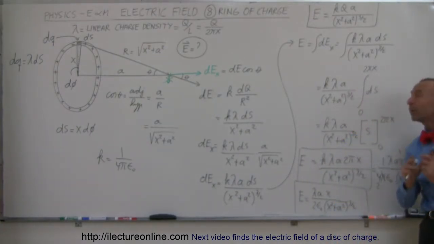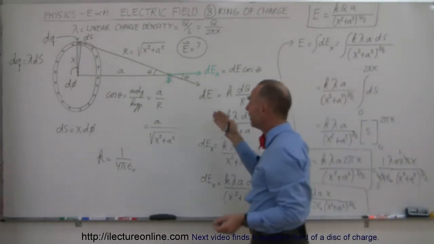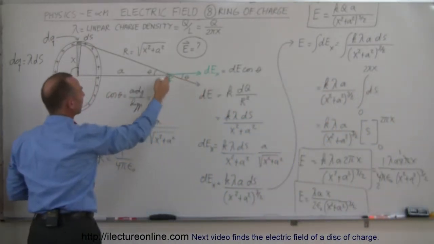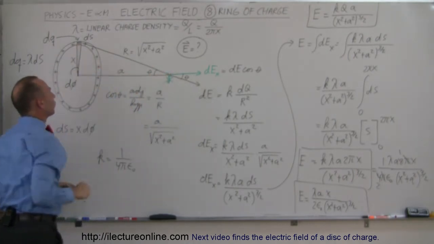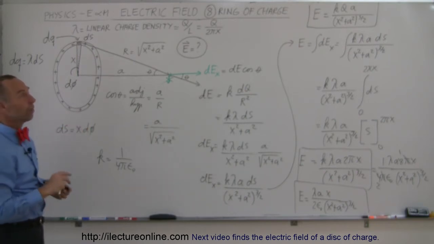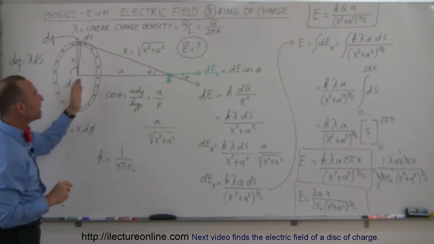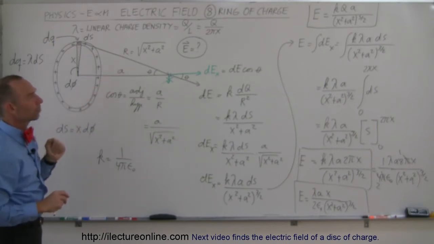Now, one more thing we'd like to consider here is notice that in this particular case, the way this is drawn, the location a is relatively small compared to the radius of the circle. And so that is an appropriate answer. But what would that answer become when a becomes much, much bigger than x?